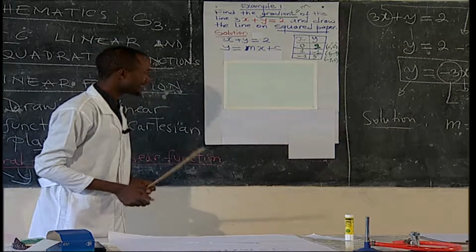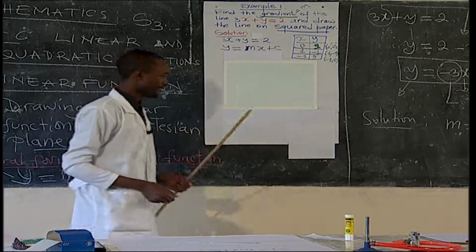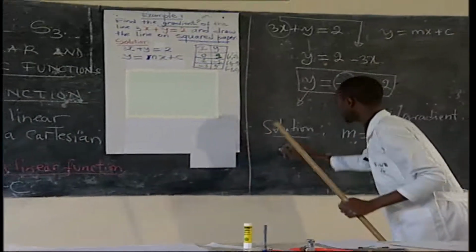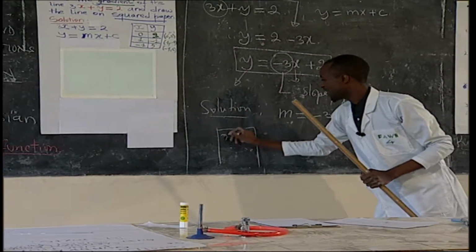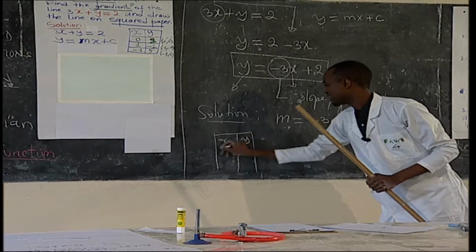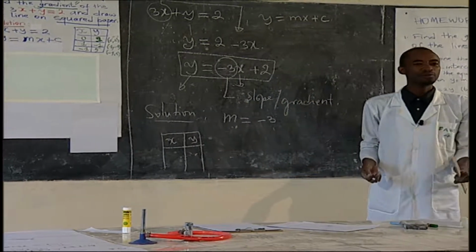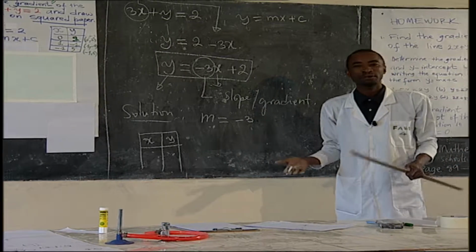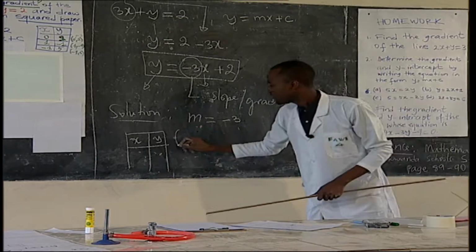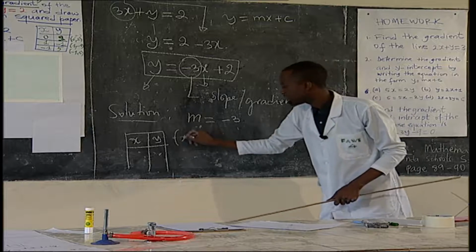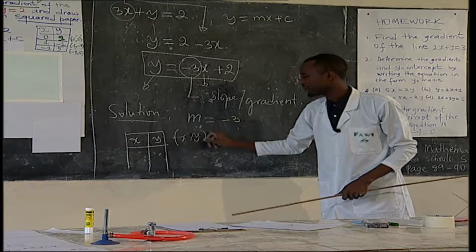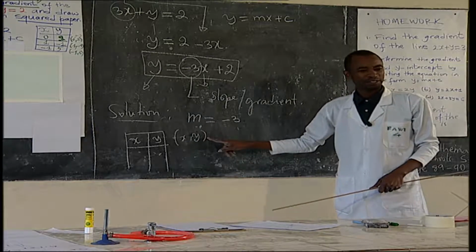It will be very nice, even though it's written over here. You just have to draw a table. You put x and also y here. Why do we do this? It's because when you are looking for the coordinates of a point, every point has to have a value of x and a value of y as coordinates.